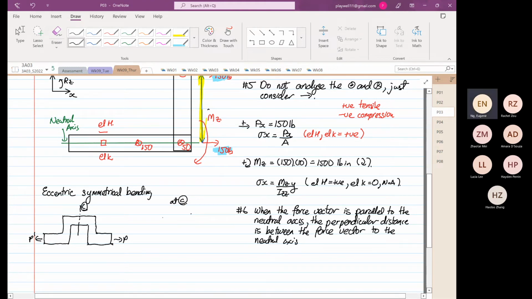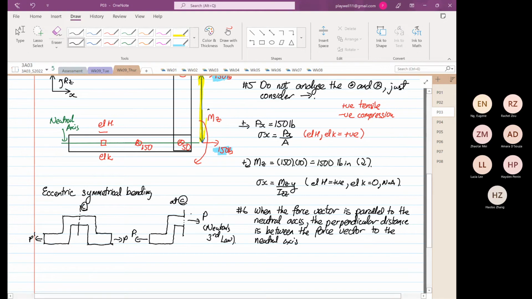I'm just going to draw up to point C. So at point C, we know there is a P over here, and over here we will have a P also. This is due to Newton's third law: action equals reaction, same magnitude, different direction.